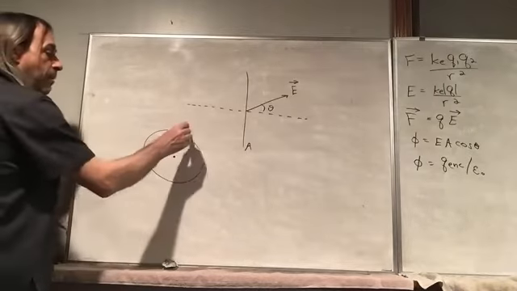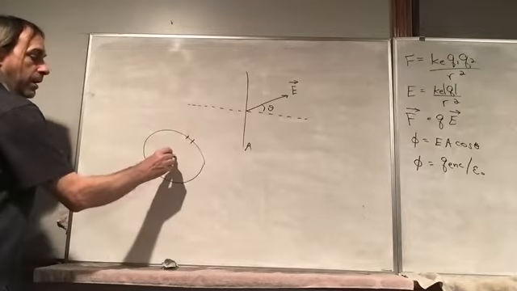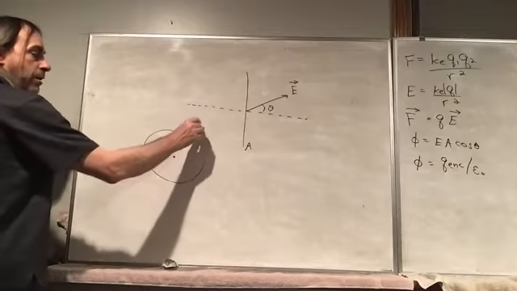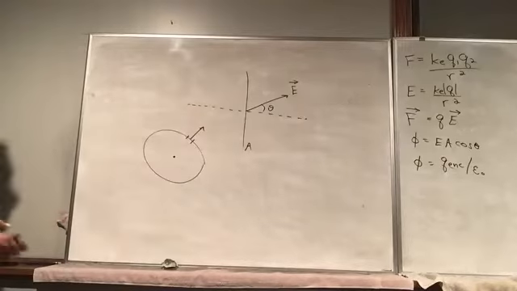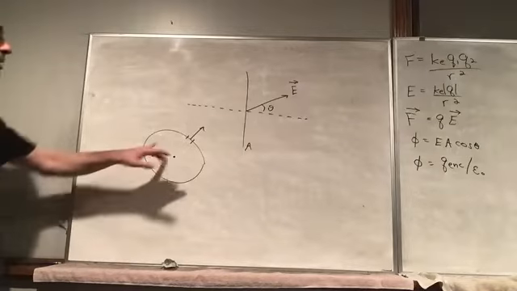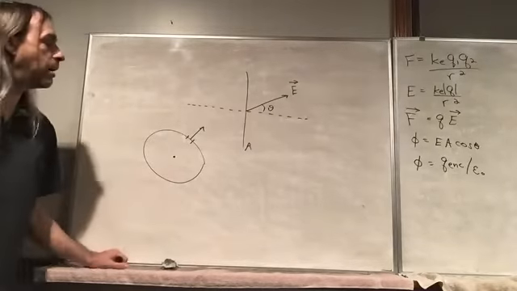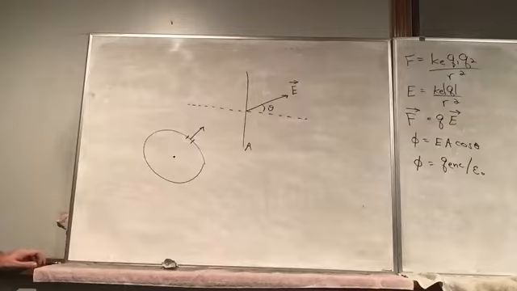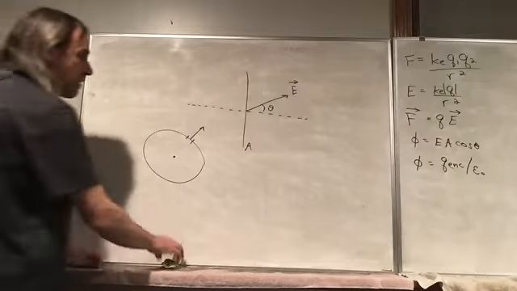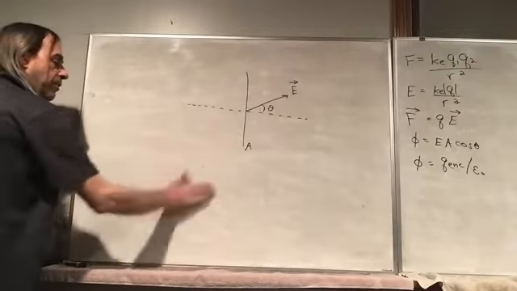But if you just look at a little piece, the electric field is in the radial direction, and the normal is in that direction as well. So the flux would just be the electric field times the total area, which is 4 pi r squared. So it's very easy to derive Coulomb's law from Gauss's law. You could do it the other way as well, which is why we say the two are basically equivalent to each other.